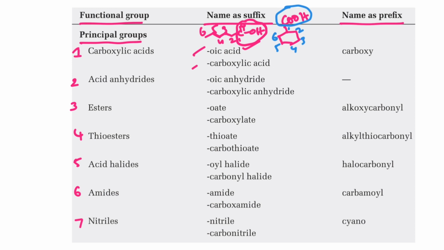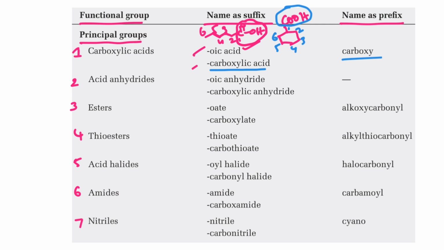When it is not counted, then you have to choose carboxylic acid. So like this, all the second names are used when the carbon is not counted, and the first names are used when the carbon is counted. Keep in mind, first names: carbon counted; second names: carbon not counted, and the prefix name is called carboxy.